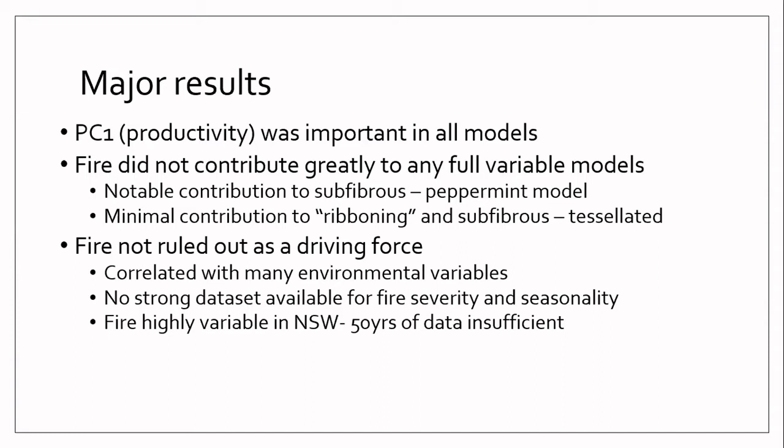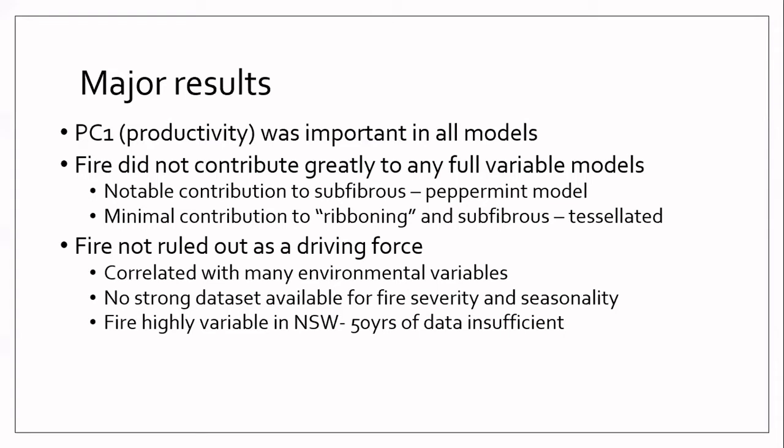And lastly, fire history is really variable in New South Wales. Fire occurrence is variable. So 50 years of data was all I used in order to limit the spatial inaccuracies from before 1970. But not only is fire variable, it's also probably not representative of fire regimes in the state going back later than 50 years.